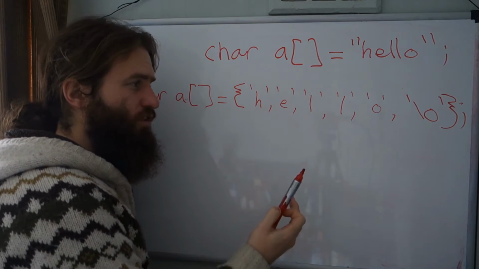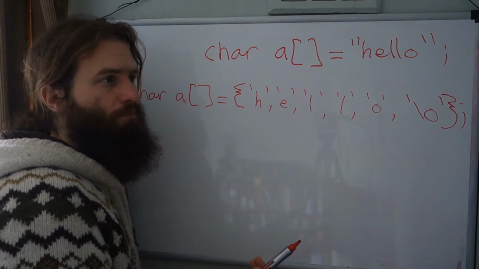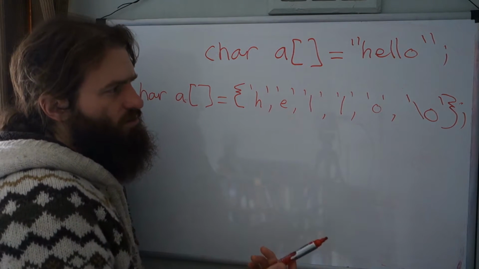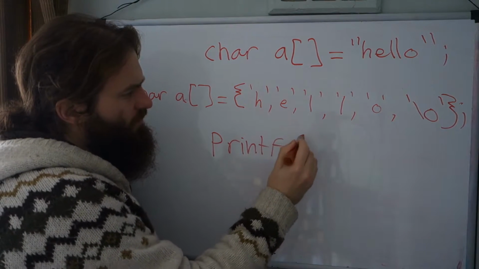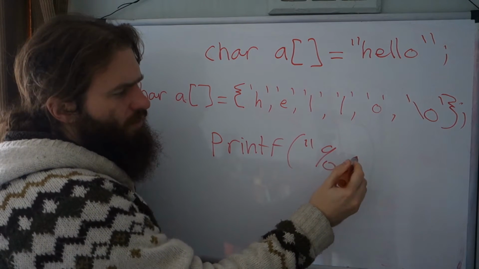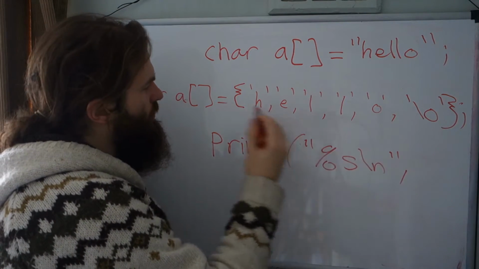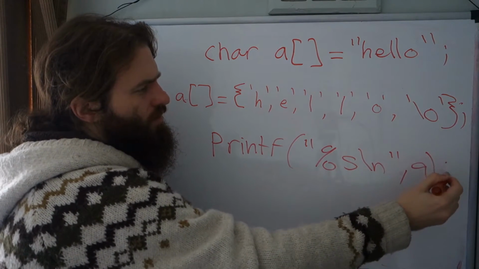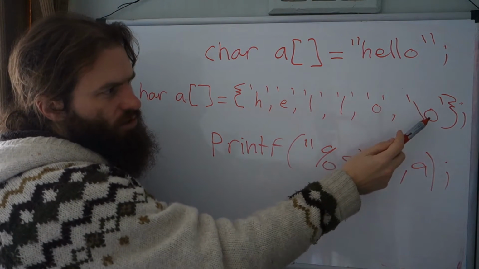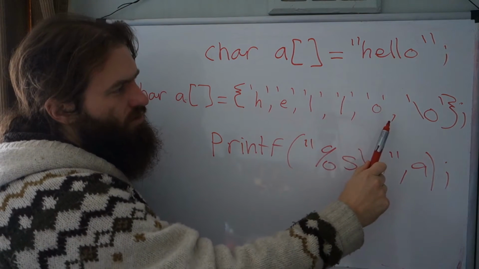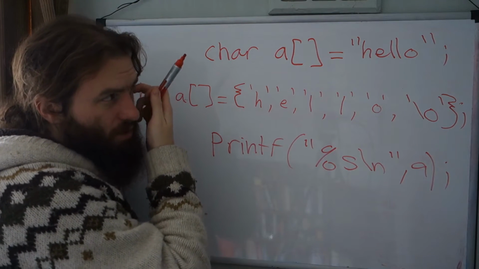And that's how strings are terminated in C. So if you pass any of these strings into a function to manipulate them, to print out a string, if we did something like printf with the format modifier %s and a new line, and passed a into it, printf would expect the string to have a null terminating byte, and that's when it would stop processing and stop printing out that string. So that's what the null terminating byte is for.